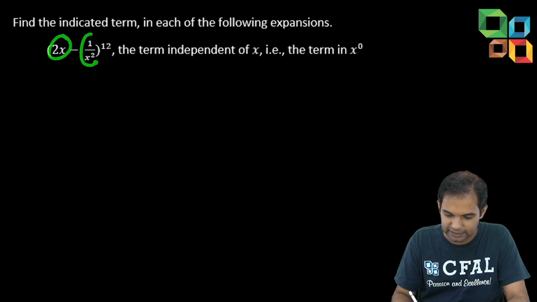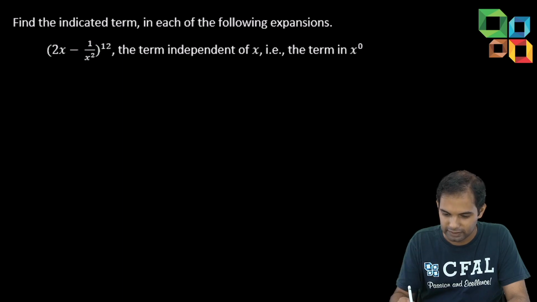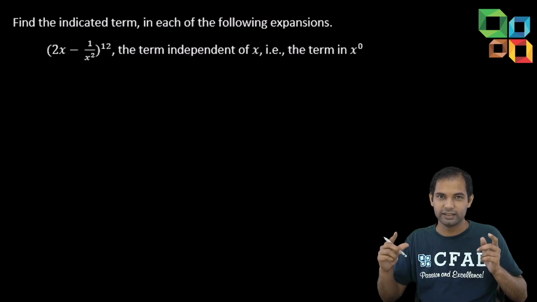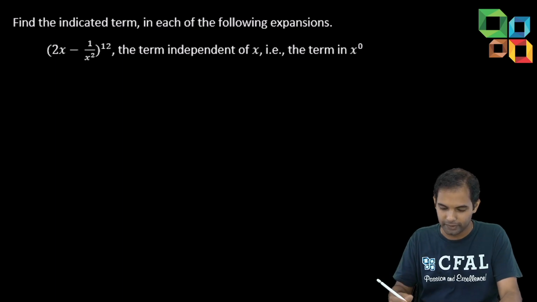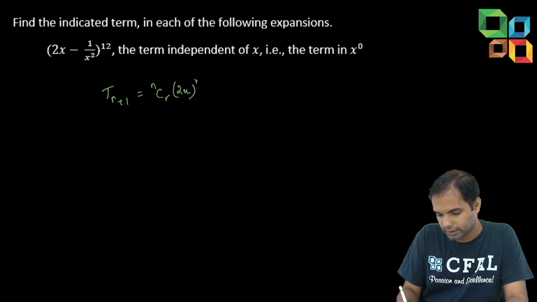When we multiply this and something divided by x, there might be terms which are independent of x. Let us write the general term. One method is to write all the terms. Very tedious job, right? So let us write the general t of r plus 1. What is it? So it's nCr into 2x whole power r into minus sign. If you want, you can ignore it, but let us write it down.